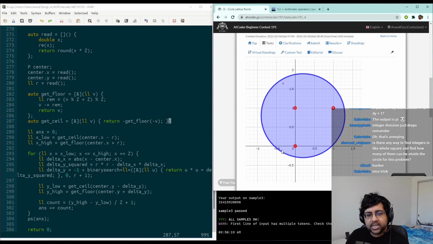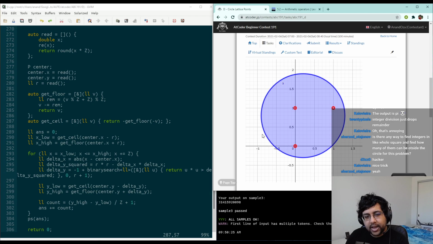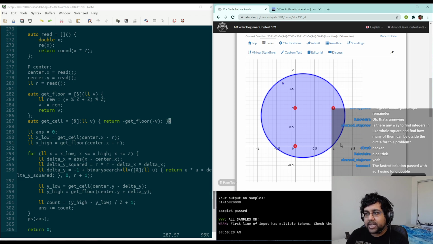Because I would still do that by taking each x coordinate, and then for each x coordinate on the lower half, I would find the height of this bar under the circle, and you would do that basically the same way. And then at the top, you would do the same thing, and then it boils down to the same solution, but possibly with more work. Possibly slightly less work, but I don't think it would be that much different.